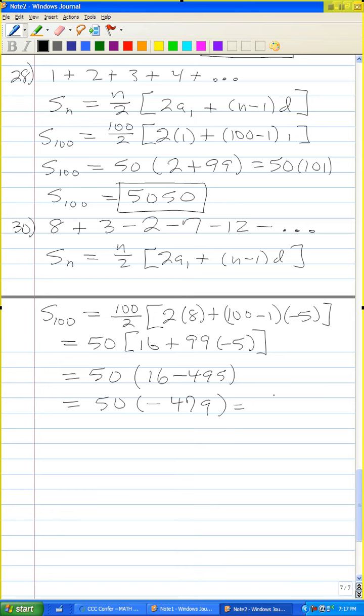And so you get a negative 23,950. So if you add up the first 100 terms of this arithmetic series, you get negative 23,950. And that's your answer. Let me do problem number 32.